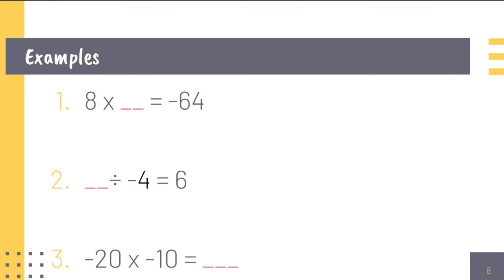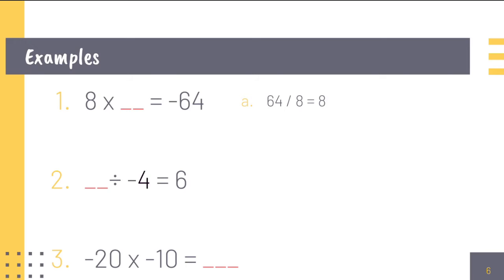Okay, now for some examples. 8 times something is equal to negative 64. Well, whenever finding the missing number inside of the equation, we always do the inverse of the original operation. So the operation here is multiplication, so we would divide regularly first. We take the product negative 64 and divide by our known factor 8.